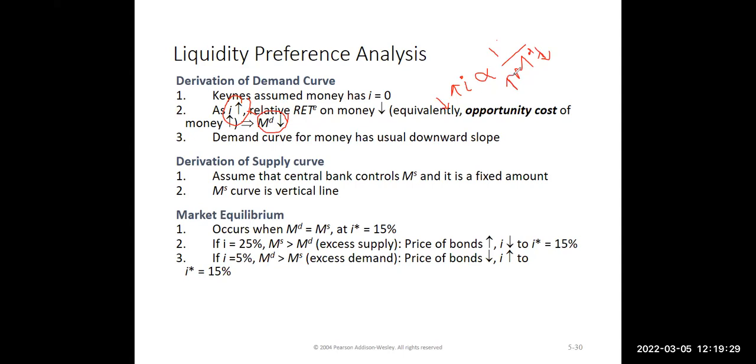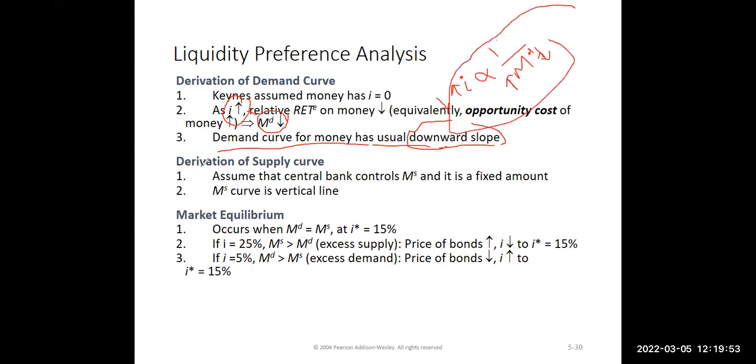I hope I'm making sense to you, right? This is the final conclusion: the demand curve for money has what kind of slope? Downward, because of this relationship.